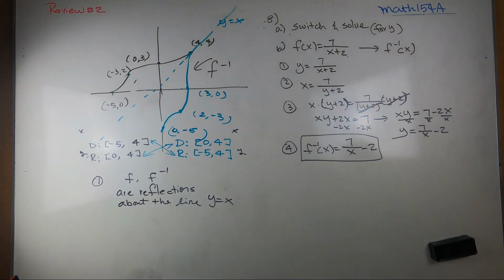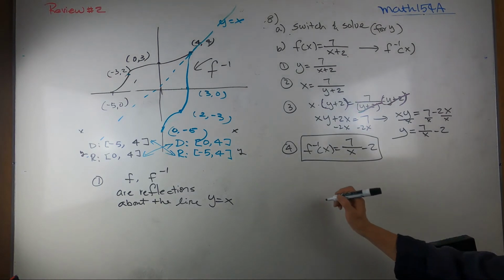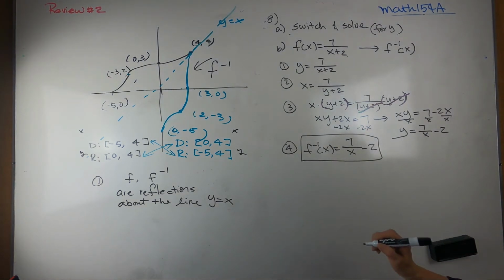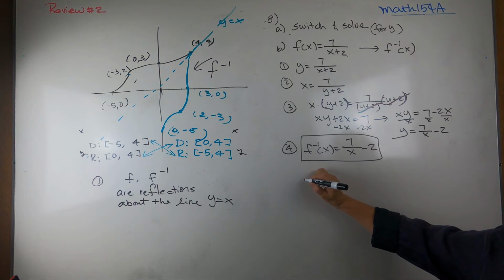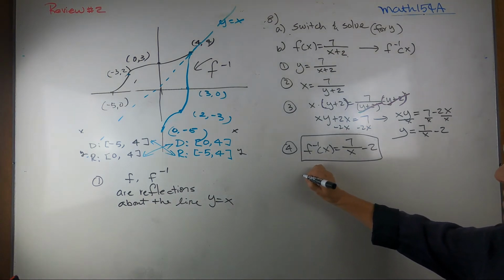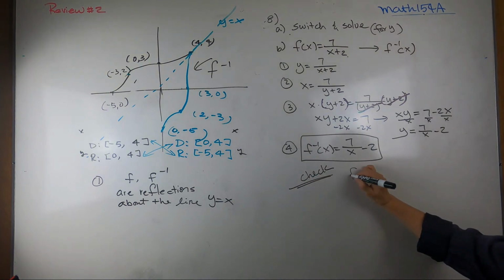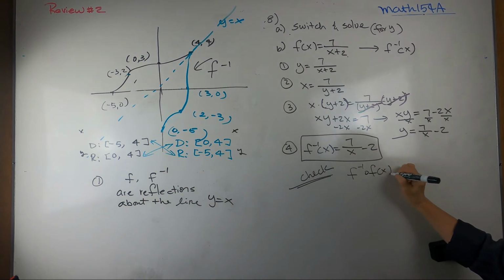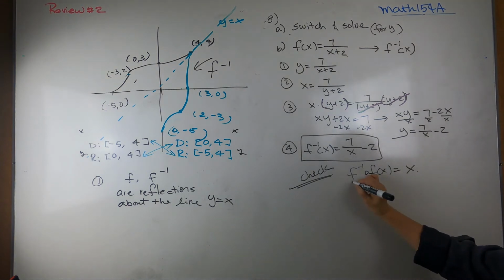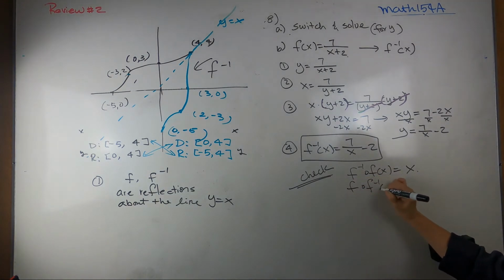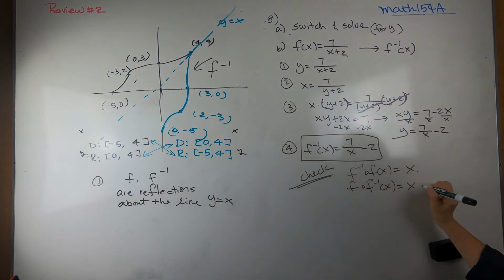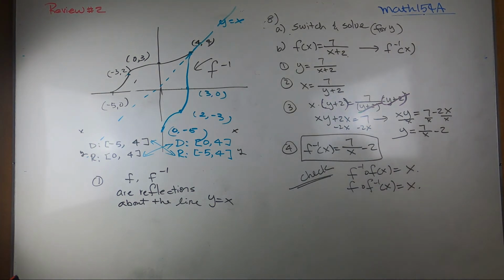Okay? Then how do we know you are doing right? Then you need to check. Okay? So to check, you need to do two things. You have to see f inverse of f of x goes back to x, and f of f inverse goes back to x as well.